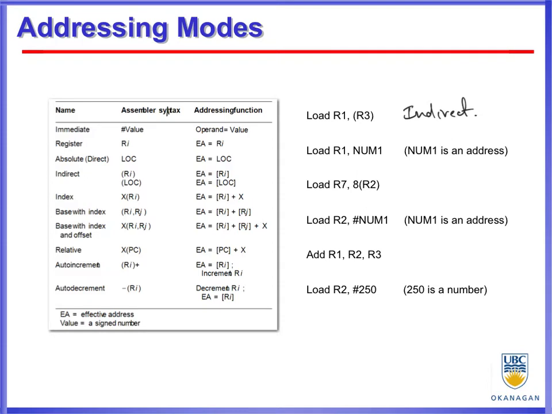Okay, let's look at the syntax here. In this particular version of addressing modes, what would we need to see for it to be immediate? We need to see that pound sign, right? So there's no pound sign there, so we know it's not immediate. So we're back to direct, right?